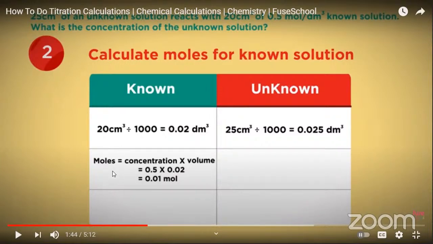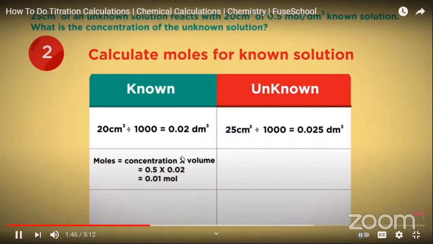And then we use our formula where we cover moles. If you still have the triangle drawn somewhere there, you know that when you cover moles, you remain with the ones below, concentration times volume. Here, we already have this to give us 0.01 moles. So now we have the moles of the known solution, okay?